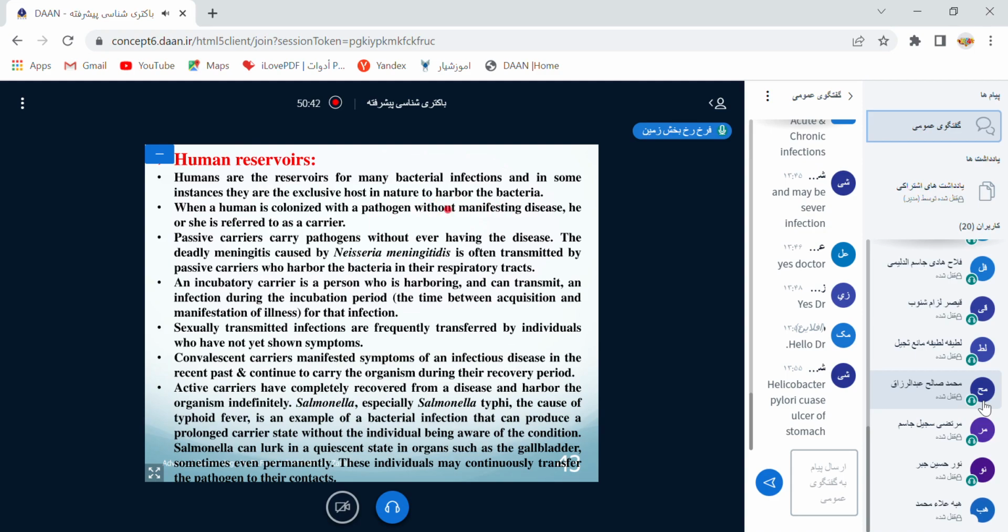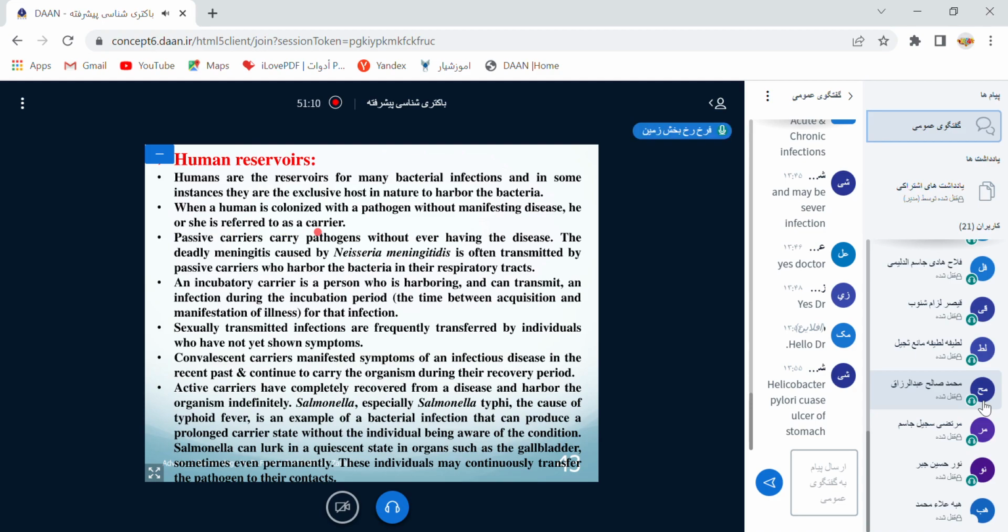When a human is colonized with a human pathogen but without manifesting disease, without signs and symptoms, he or she is referred to as a reservoir or carrier.